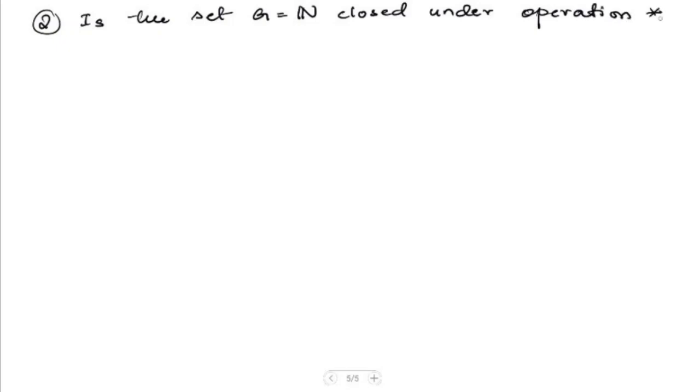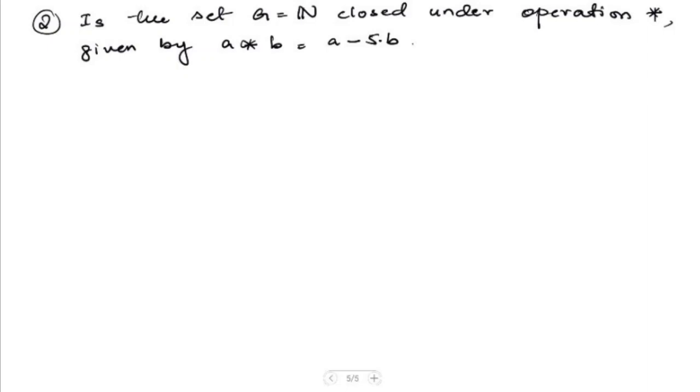And here we have, is the set G equal to natural numbers closed under operation star given by A star B is equal to A minus 5 times B. So we're taking the same operation here again, and we'll check whether this is closed under the operation star or not.